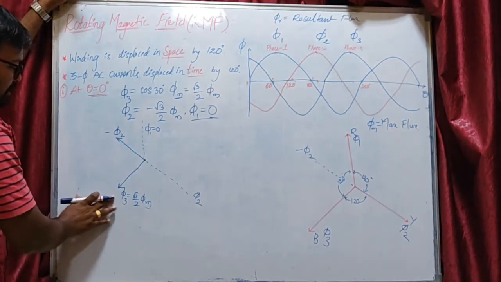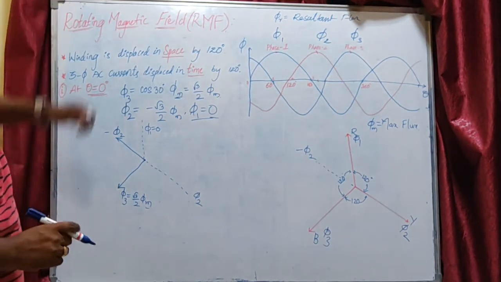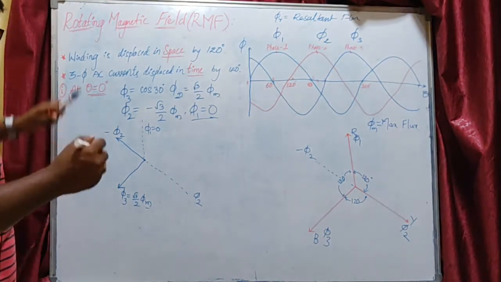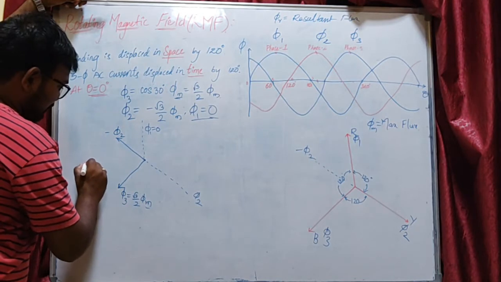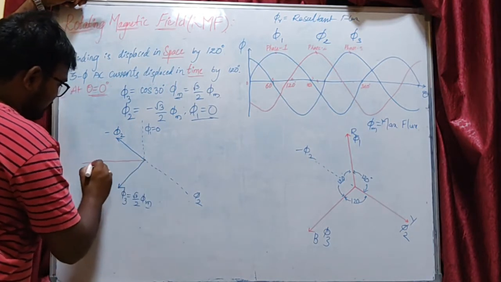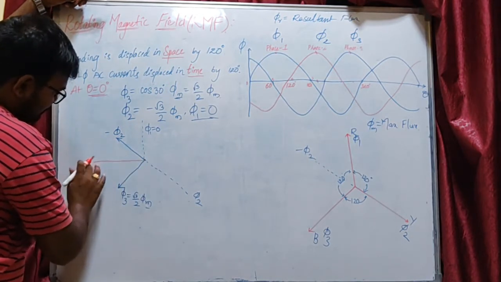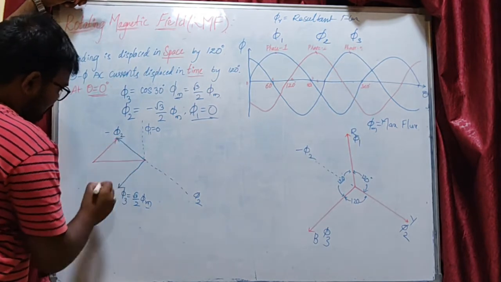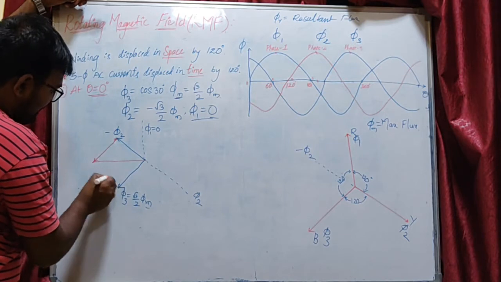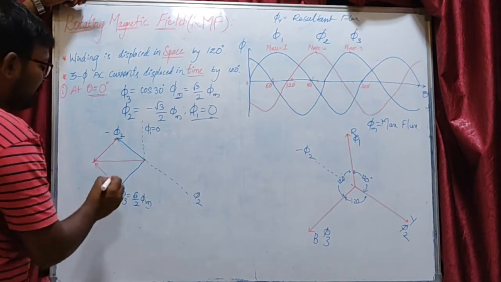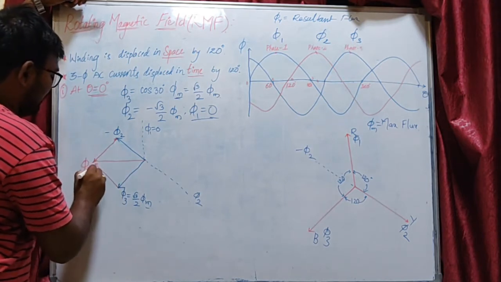So, now I am going to draw a resultant flux wave between these two. For that I am going to apply the parallelogram law. So, what will be the value of this resultant flux?